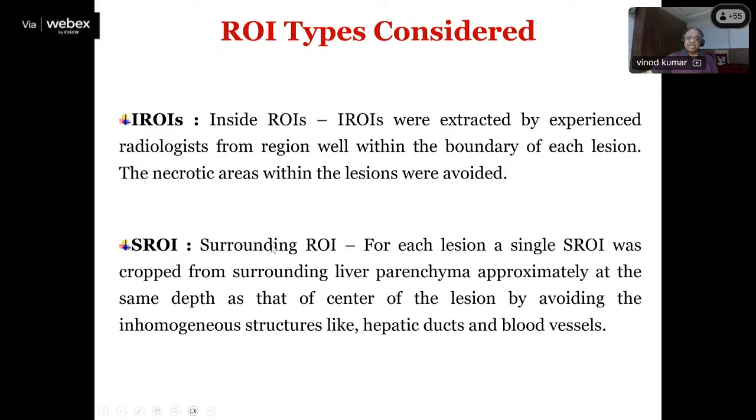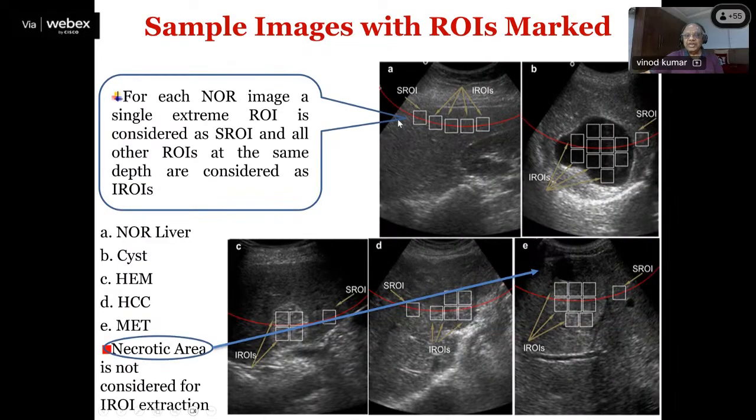So we took additional ROIs from inside the tumor, which we had already taken, and now we took some ROIs outside the tumor, that means from the surrounding area of the tumor. See, this is how we did. These are the ROIs from inside the tumor. This ROI is from outside of the tumor, that is from the healthy area.